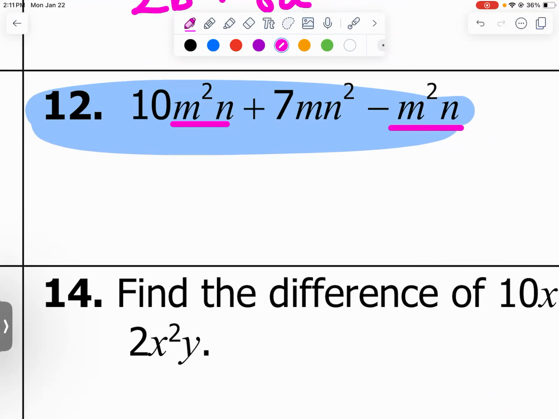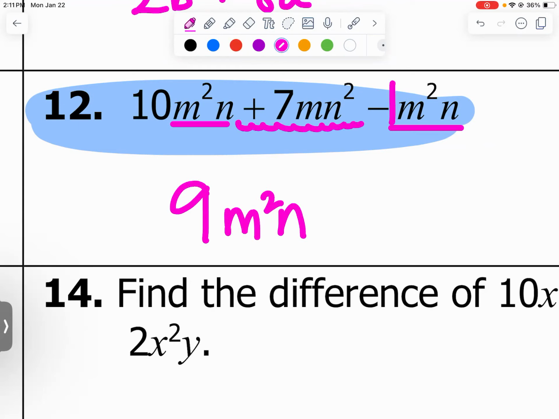So those 2 are like terms, which means we can combine them to be 9m squared n. Right? Because this is a -1. But then this guy is mn squared. It is not a like term, so we cannot combine it. That's where we stop.